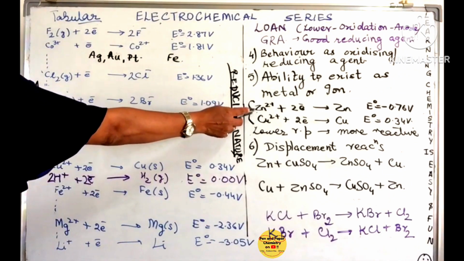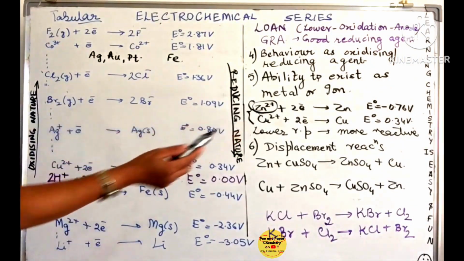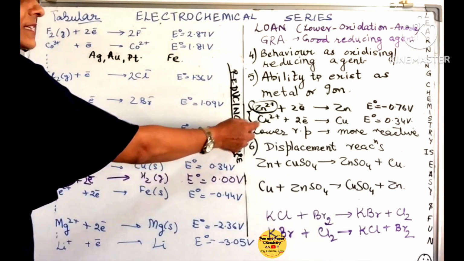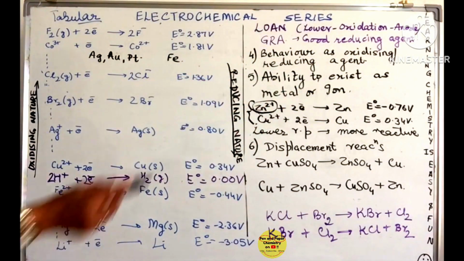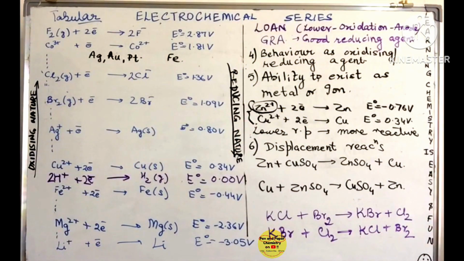Zinc you will find existing mostly as ion, right? It is very, very reactive. Copper, on the other hand, can survive the vagaries of nature for a much longer time compared to zinc. That clearly shows in their electrode potential as well. So lower the reduction potential, more reactive is that particular metal.